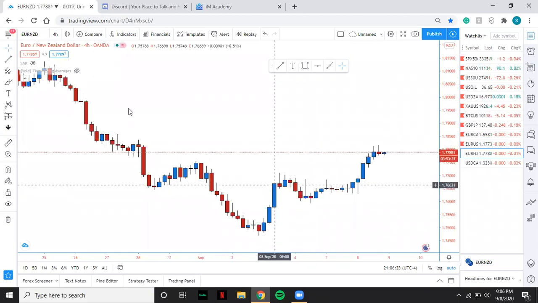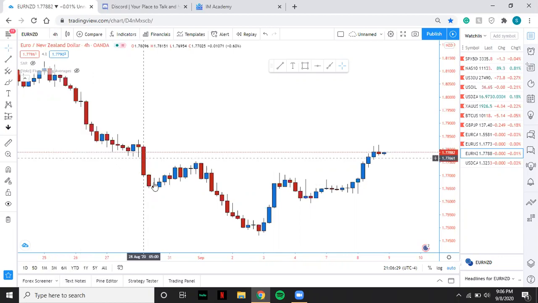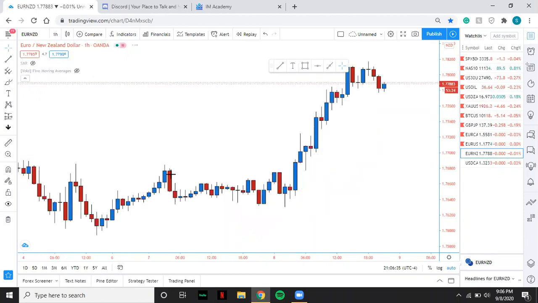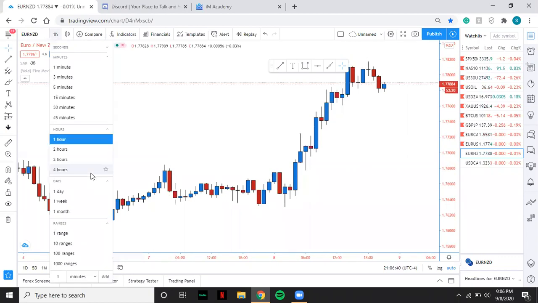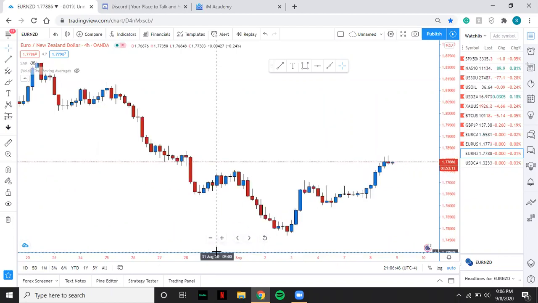Right here in the top left, you see that it says 4 hour. That means every candlestick represents 4 hours. You could also change that just by clicking it and, for example, clicking 1 hour. Now each candlestick represents an hour. It all depends on how you trade, when you trade, who you are, and how quickly you like making money, which determines the time frame you look at.